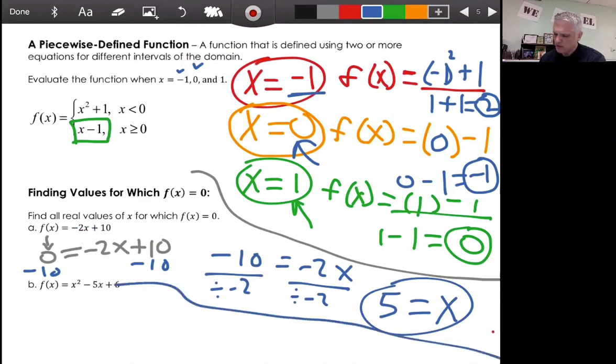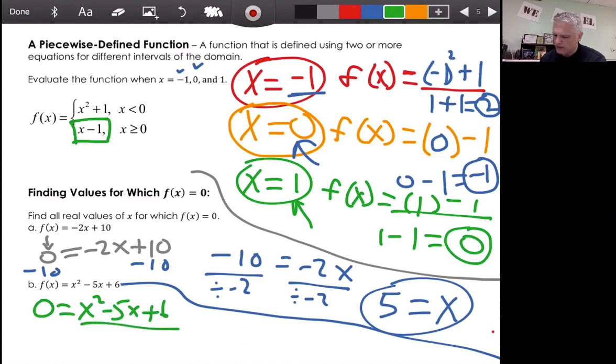Okay. And now let's look at this last question down here. When is f of x equal to 0? Well, let's call f of x 0 and find when it's true. x squared minus 5x plus 6. So what can we do? It's not just x squared, so we can't take the square root.